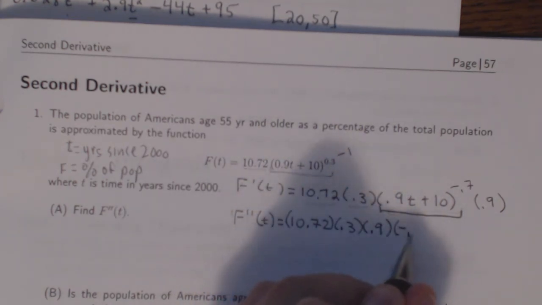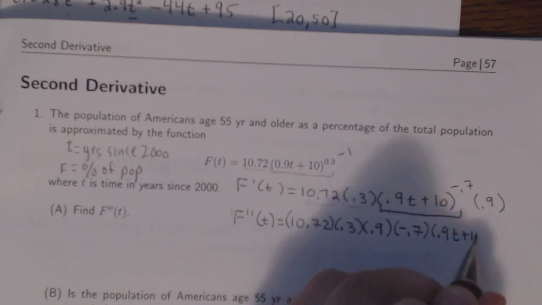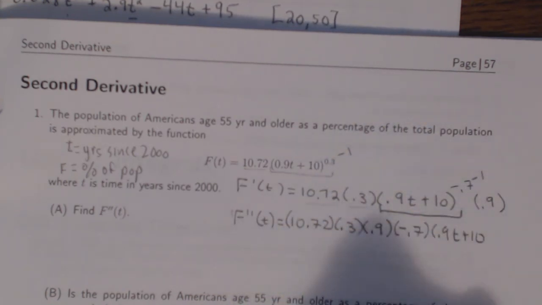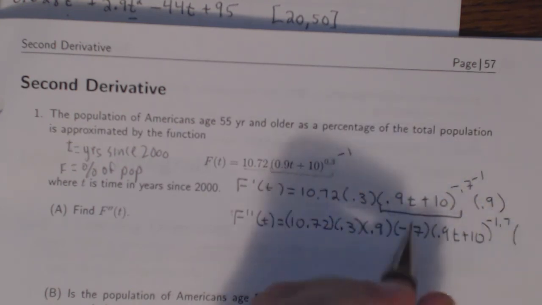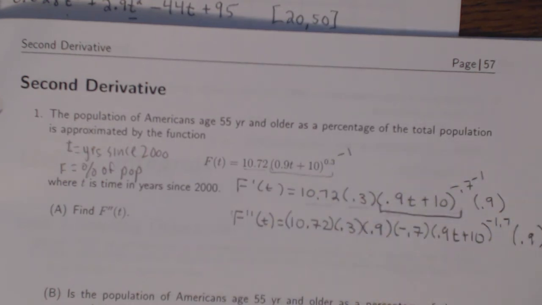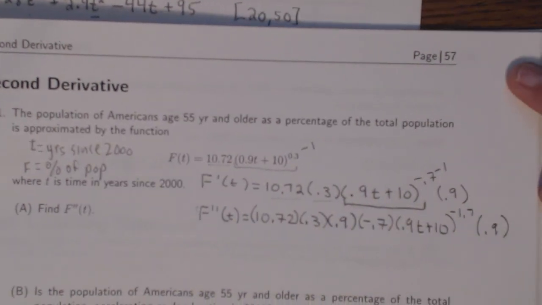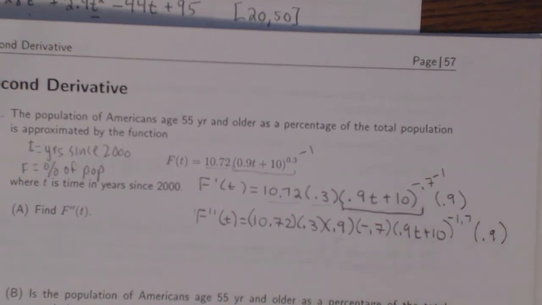That's going to be negative 0.7 times 0.9t plus 10. Reduce this by 1, so that's now negative 1.7 times the derivative of the inside, which is 0.9. So that's the second derivative. And when you're typing this in, you could say that that's 0.9 squared, or you can just type in 0.9 twice. But now I'm ready to put it in Excel.